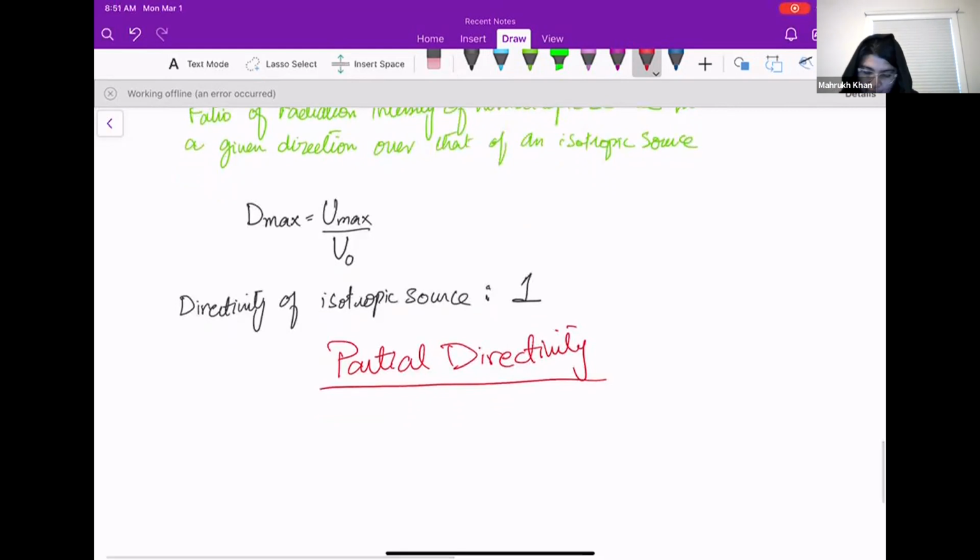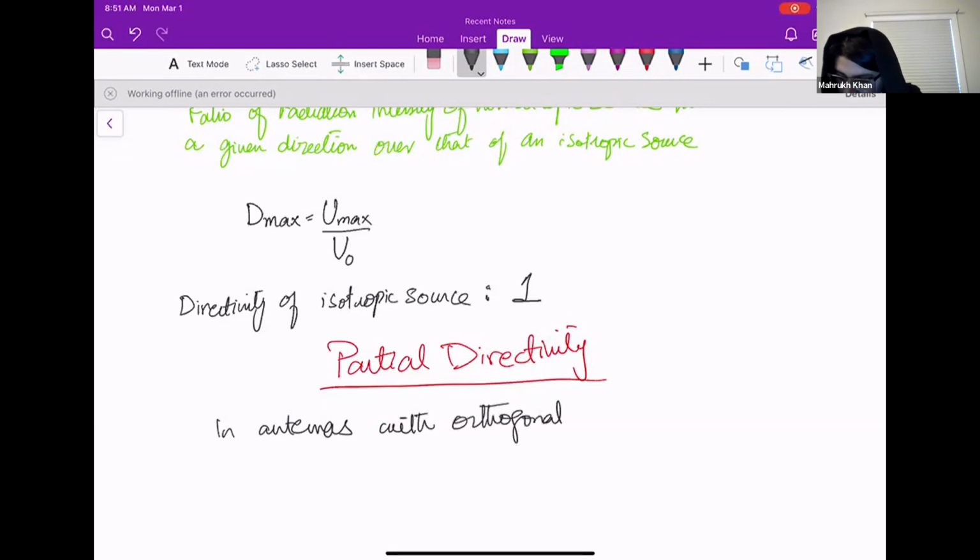Maybe you will learn this later, like what polarization means, but here just for the sake of definition, I'm writing it, so don't be confused. In antennas with orthogonal polarizations, we will talk about this.